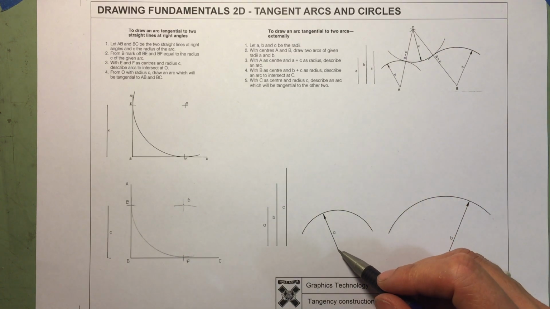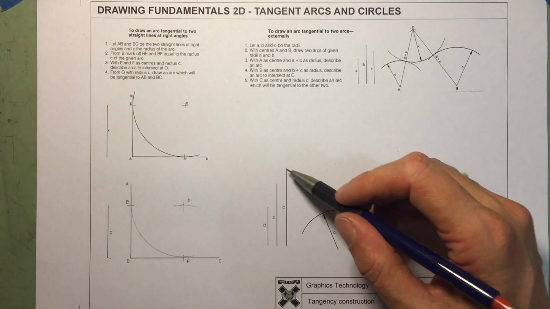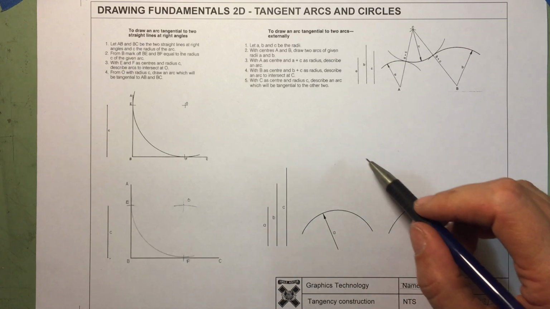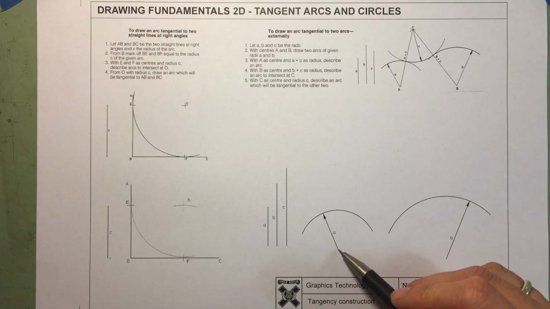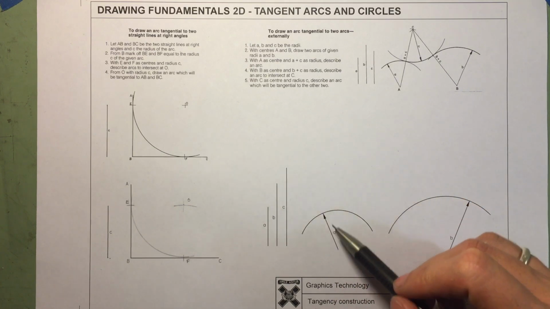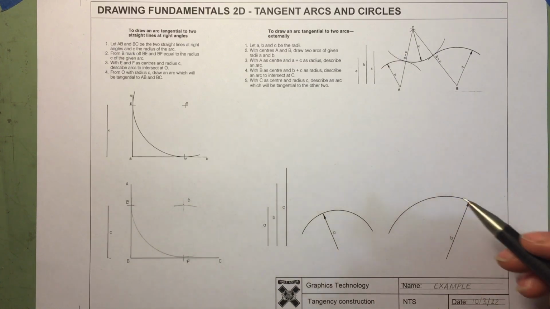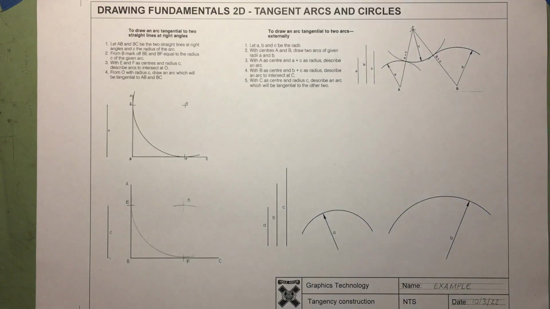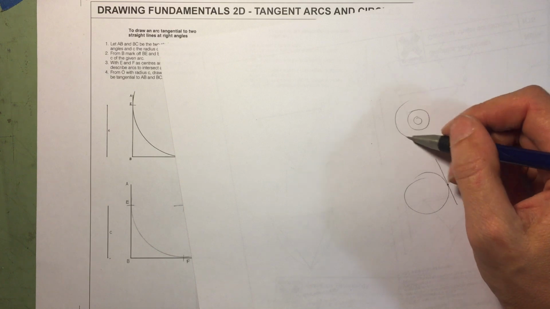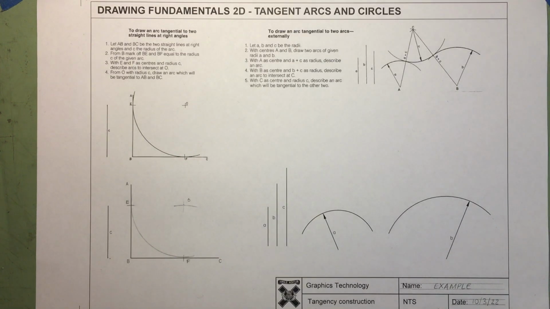If this is our center point, we can add the distance of C onto this radius and draw another arc that is an equal distance from here to A plus C. It'll be a concentric circle. Concentric circles are circles that share the same center point and just radiate out, like a target.